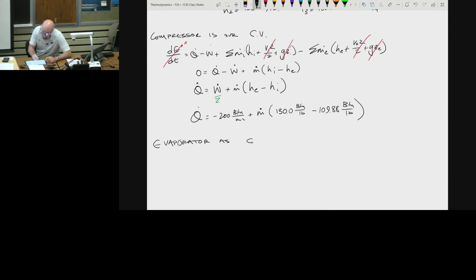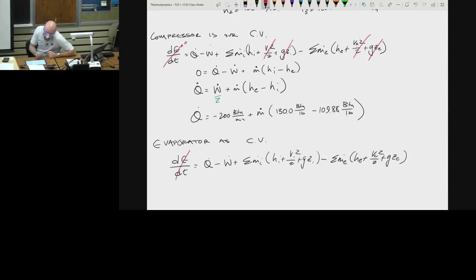And so I'm going to write the first law, dE/dt is equal to Q dot minus W dot plus the summation of mass flow rate in, enthalpy in, kinetic energy in, potential energy in, minus mass flow rate exiting, enthalpy exiting, kinetic energy exiting, potential energy exiting. It's at steady state. It's a heat exchanger, so there's no power, and there's no kinetic or potential energy effects.